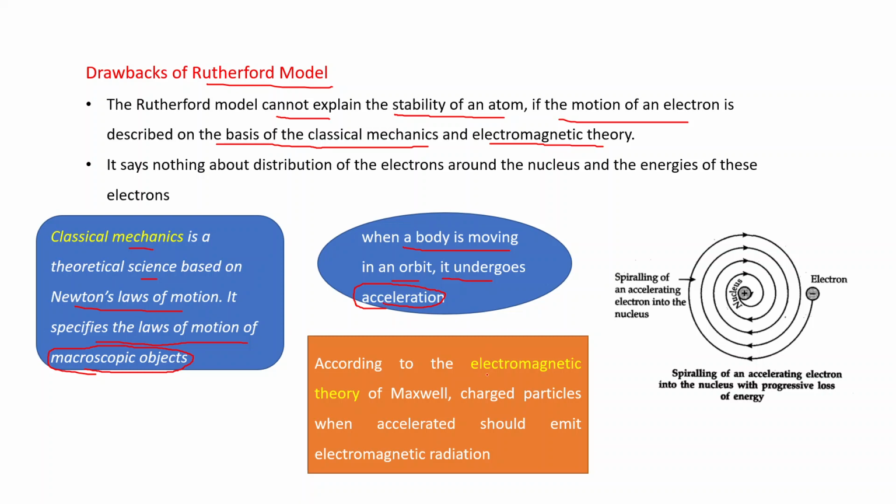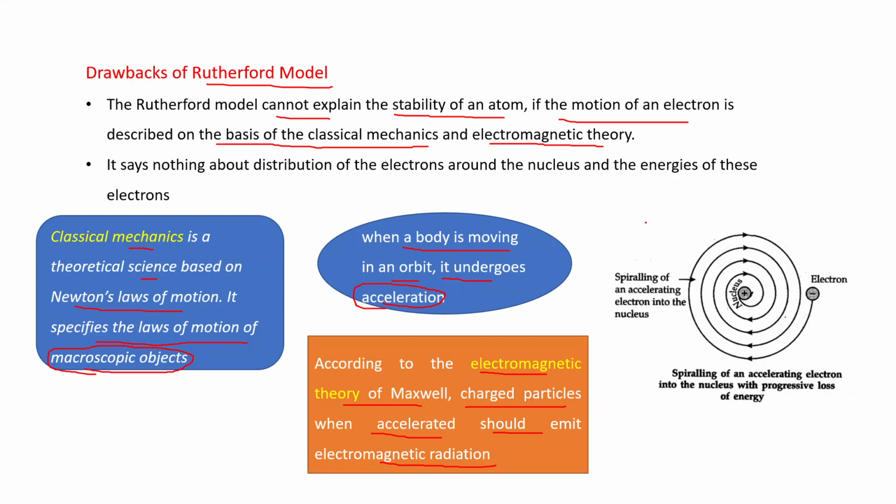And according to the electromagnetic theory of Maxwell, charged particles when accelerated should emit electromagnetic radiation, or simply we can say when charged particles are accelerated they should emit energy in the form of electromagnetic radiation.